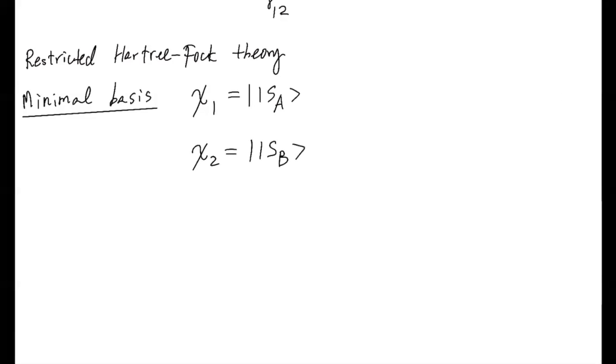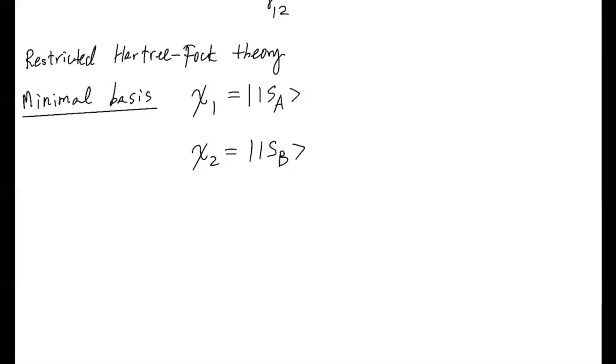Now, you can just use the original solution to the hydrogen atom, which means the 1s orbital is exponential negative r. So this is essentially the solution to the exact hydrogen atom. You can use this orbital as your basis, that's fine. But we can also use a linear combination of Gaussian functions to represent your atomic orbital.